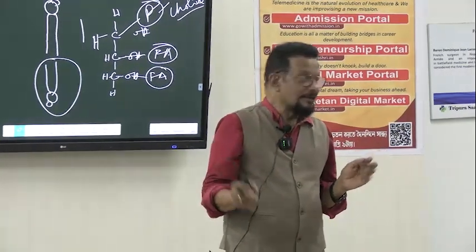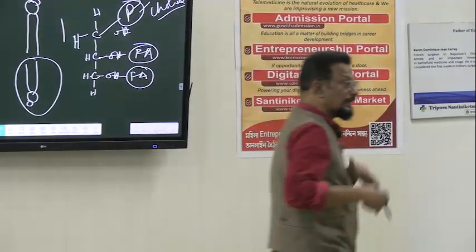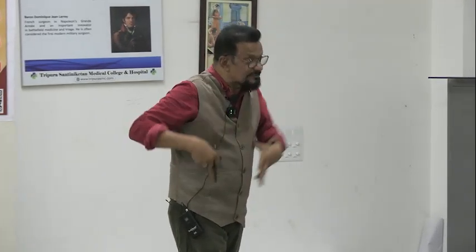Fatty acids may also be classified according to their essentiality in my body. Some are essential, some are non-essential fatty acids. Essential means they are not synthesized in our body.